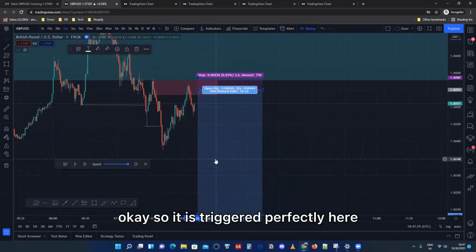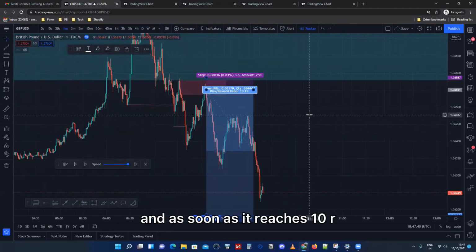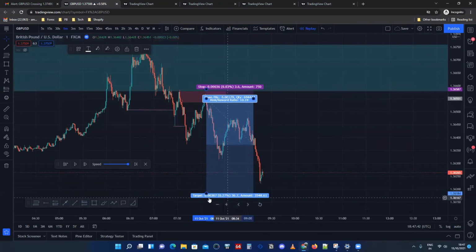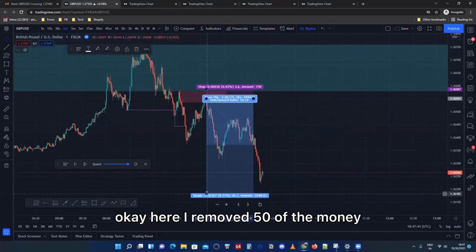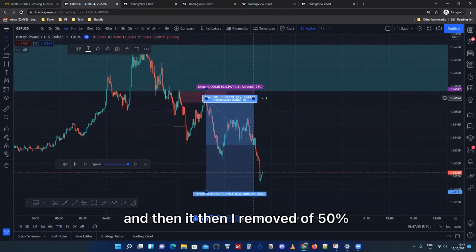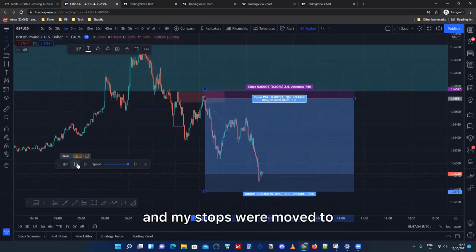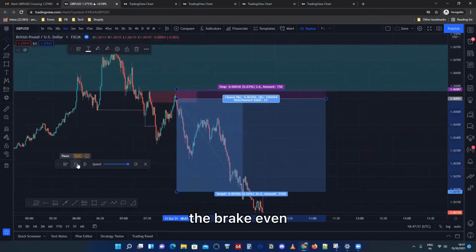It is triggered perfectly here, and as soon as it reaches 10 hour, I removed 50% of the money and moved my stops to break even.